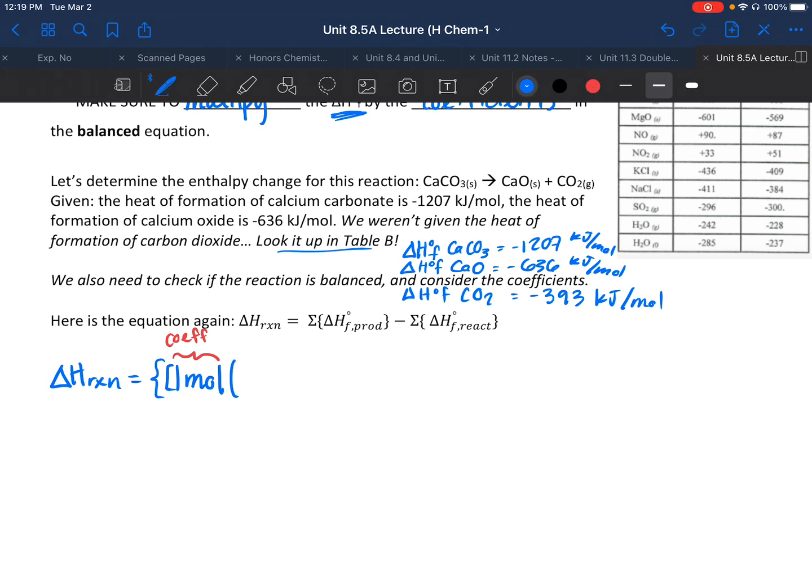That is going to be multiplied by its heat of formation of negative 636 kilojoules per mole. We are then going to add the other product, which is also 1 mole, as all of their coefficients were 1, multiplied by negative 393 kilojoules per mole. So this is CO2.